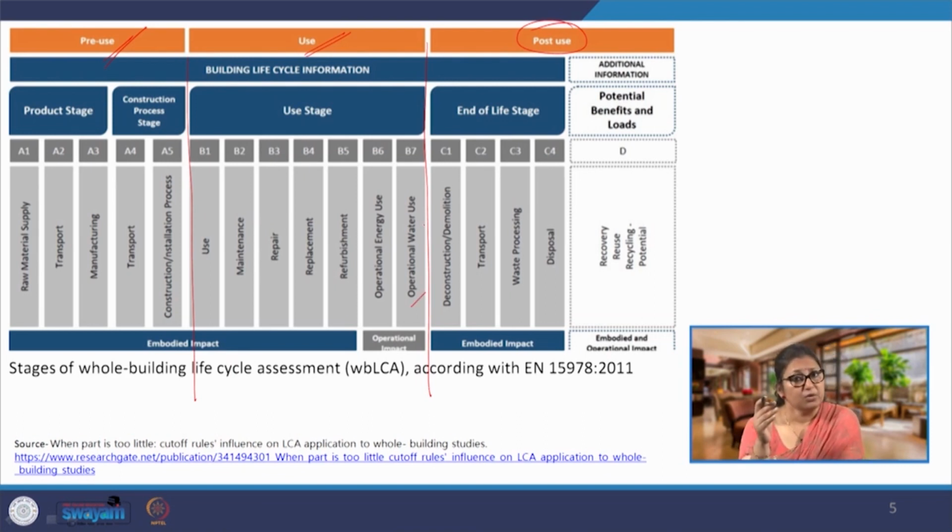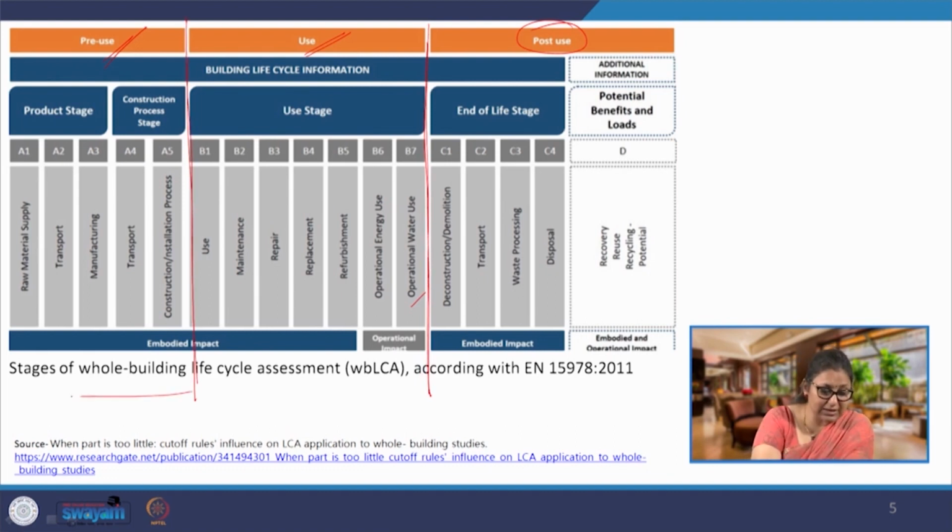So, while we are talking about emissions alone, the emissions are also accruing from the electricity consumption or fuel consumption for distribution, supply and use of water, which is also a significant contributor. This is what we are looking at in the operational stage or the use stage of the building.